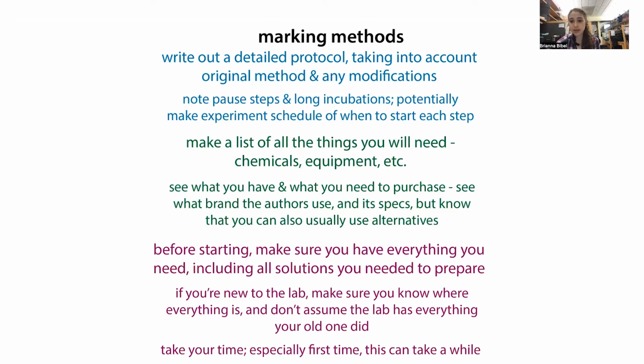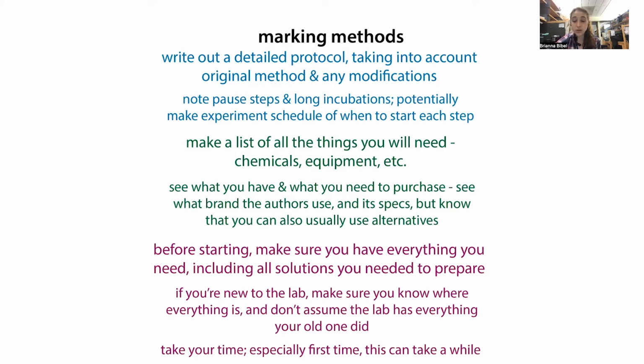Make a list of all the things you will need, the chemicals, the equipment, all of it. See what you have and what you need to purchase. Often in some articles, the authors will put the brand or even the part number. This can be helpful to see what they used, as well as any of the specifics of what they used.